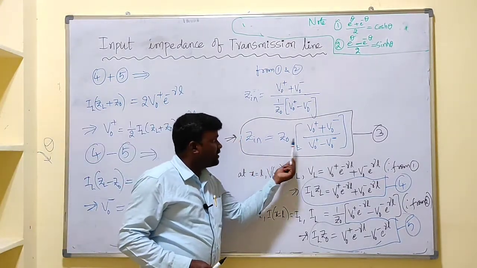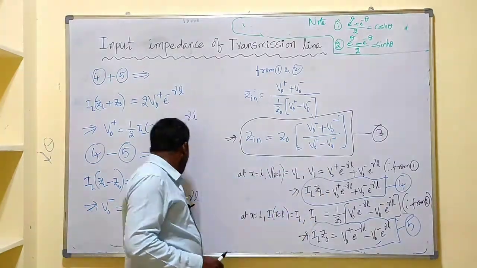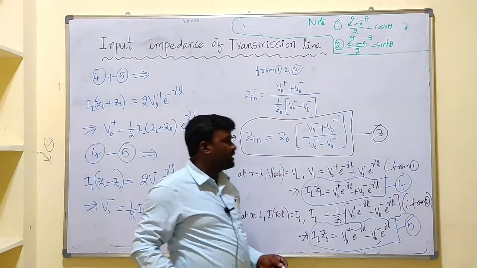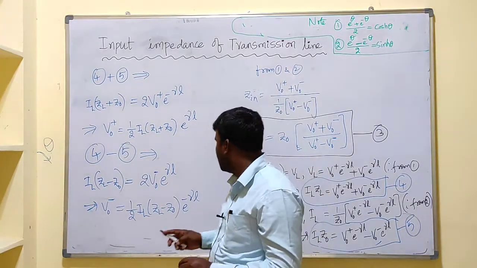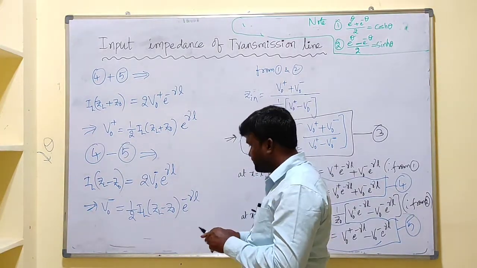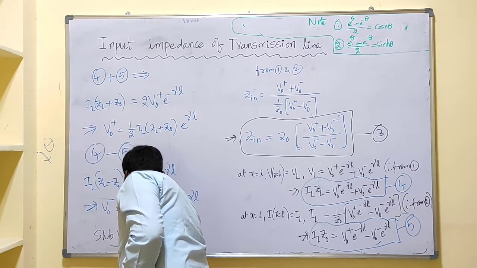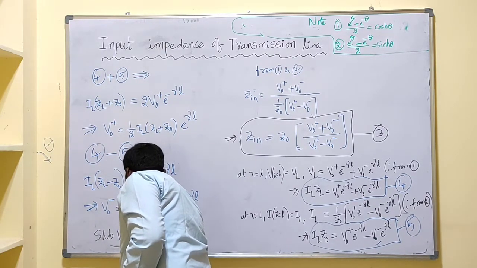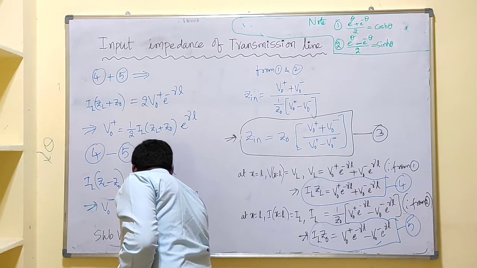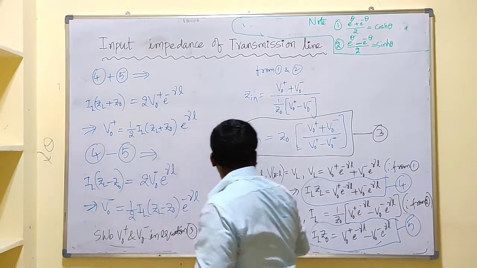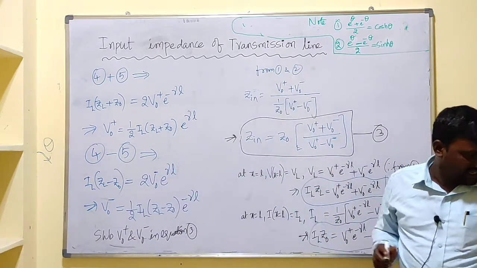To get this Zin, we require V0 plus and V0 minus. Already we have V0 plus and V0 minus. So let us substitute V0 plus and V0 minus in this equation 3. What is equation 3?